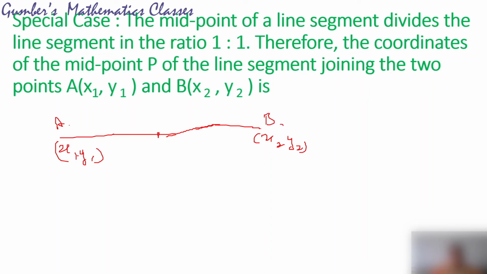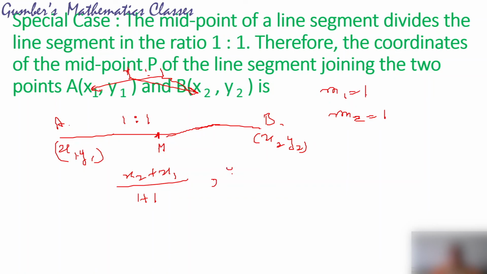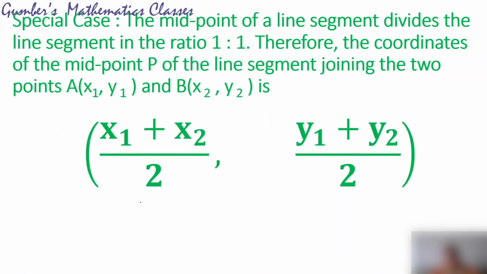We have to find the midpoint of this. Midpoint means we want to divide the line segment into equal parts, that is, the ratio is 1:1. Here we consider m1 equal to 1 and m2 also equal to 1. So with the help of the section formula, we get m1 plus m2 in the denominator, and the numerators are multiplied by 1. We will be getting (x2 plus x1) by 2 and (y1 plus y2) by 2. This is the midpoint formula.